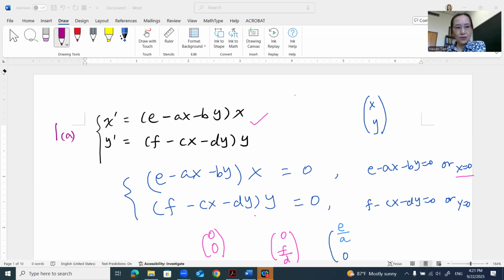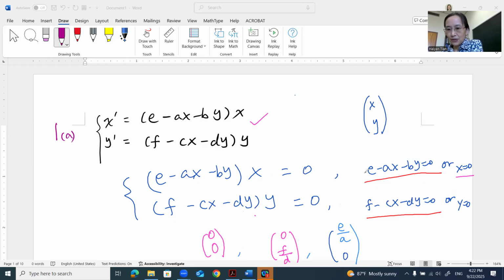Let's still look for more, because it's possible that both of these two equations are true. When this equation is 0 and that equation is 0, what will be a constant solution?